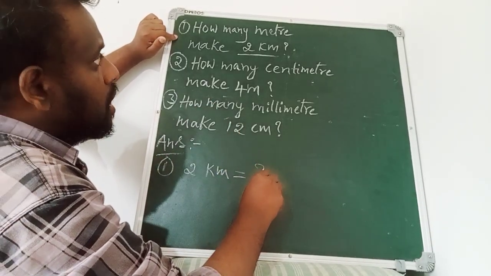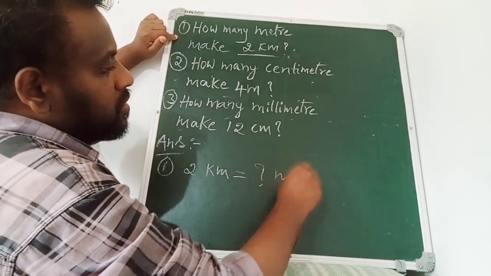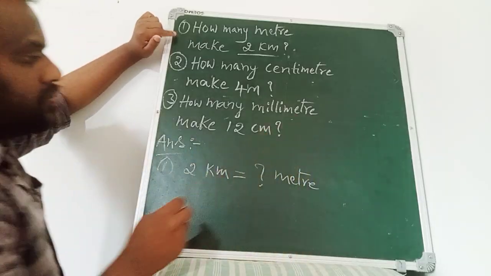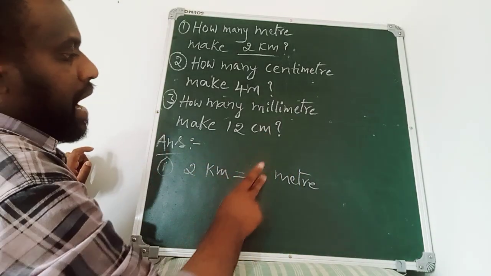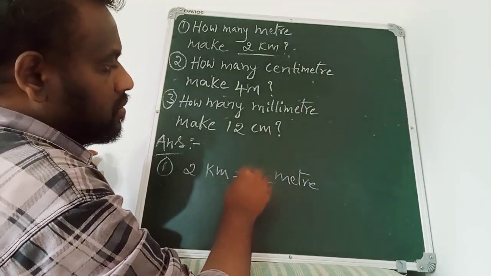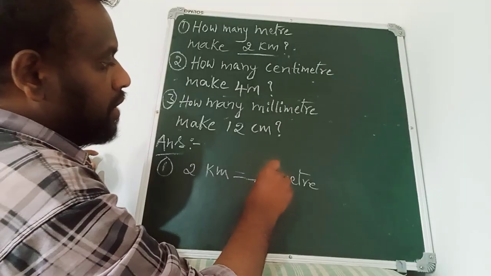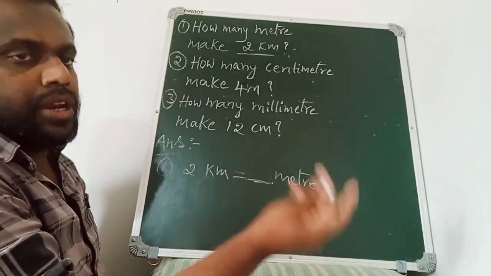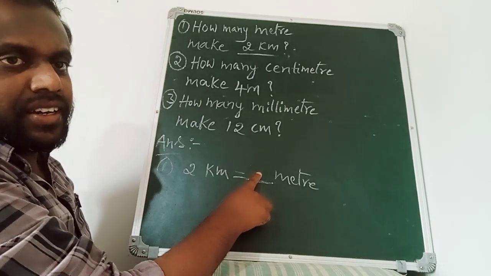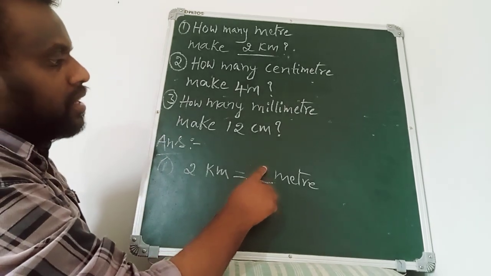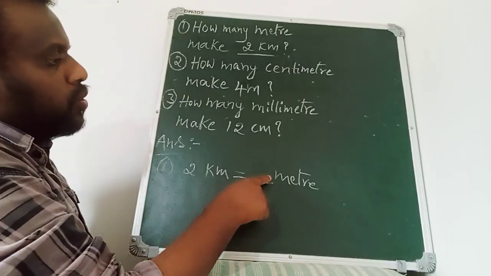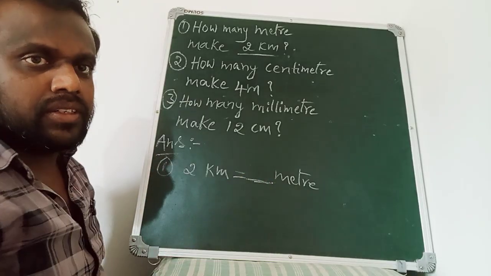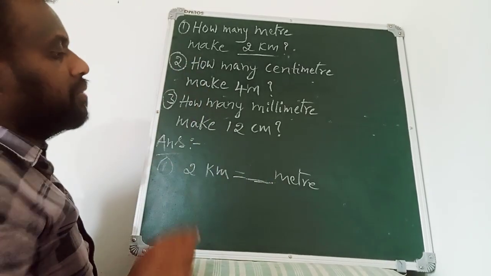Question mark. How many meters? Or I can write dash meter. 2 kilometer is equal to how many meters? Dash meters. Here you have to write a number. So this is equal to what meter. You got it? So that's the meaning of that.